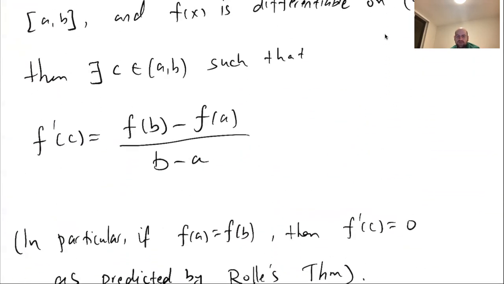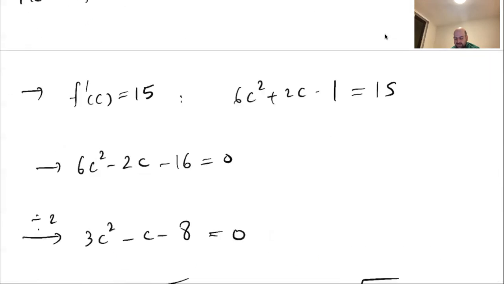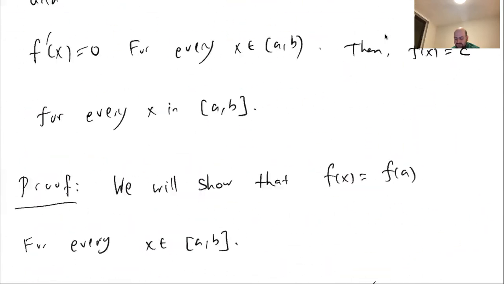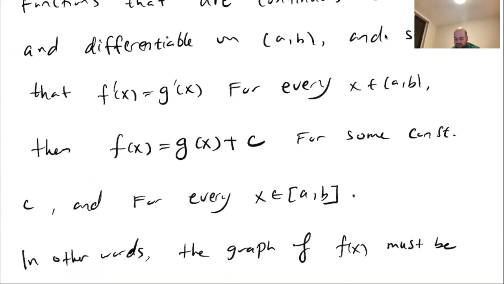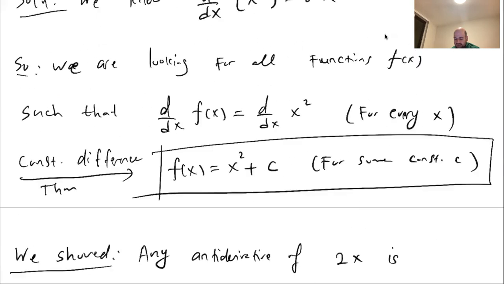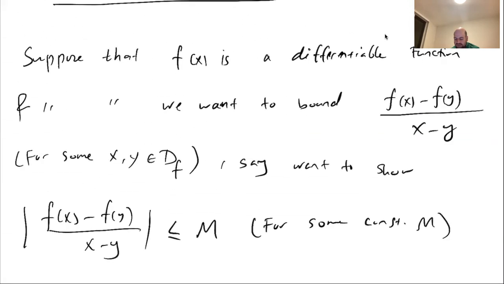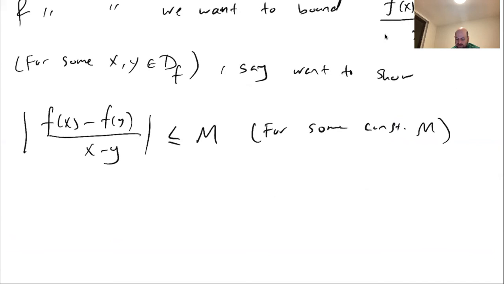F of b minus f of a over b minus a is equal to f prime of c for some c between a and b. And this is exactly the setting that we have here, so this is equal to f prime of c for some c between x and y.